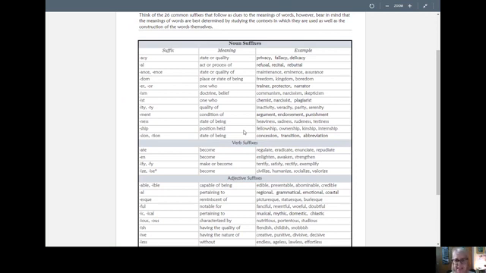SHUN, SION, TION. Now this one is interesting because it's another one of those state of beings, but it has a lot of different rules on spelling, and we'll talk about that later. But when we add shun to a word to make a noun, it moves the stress in that word.